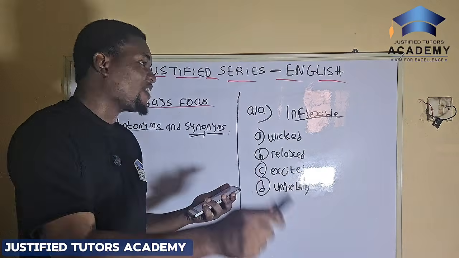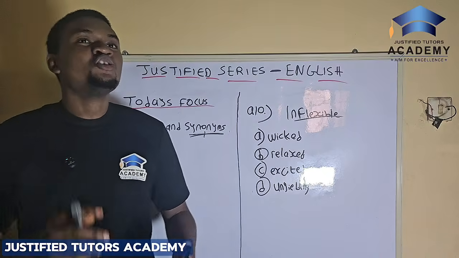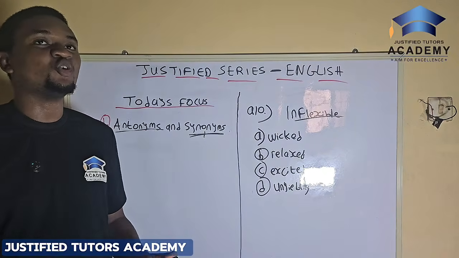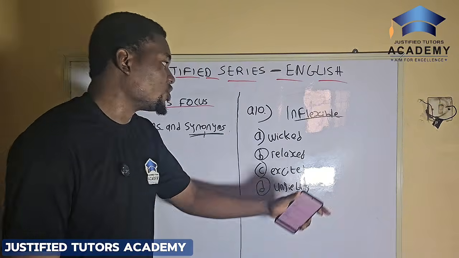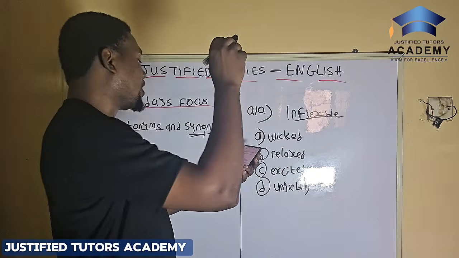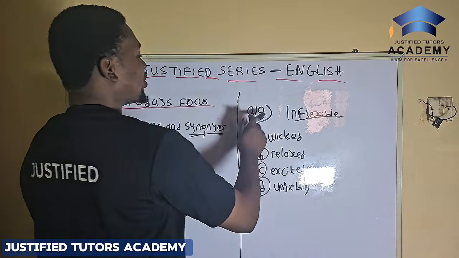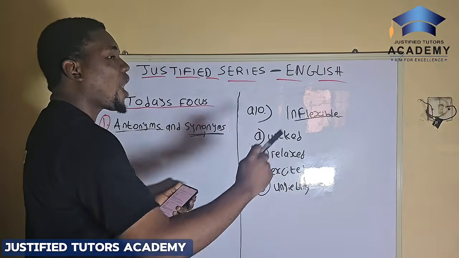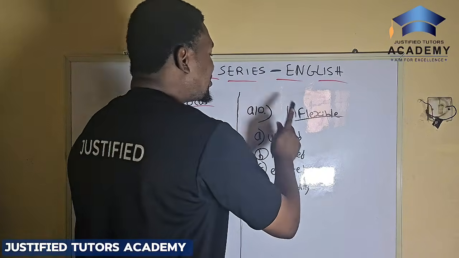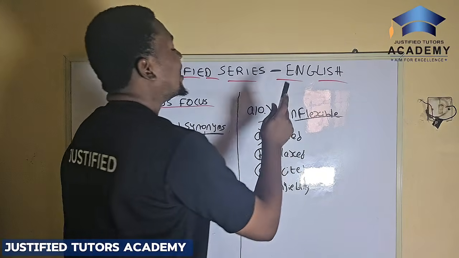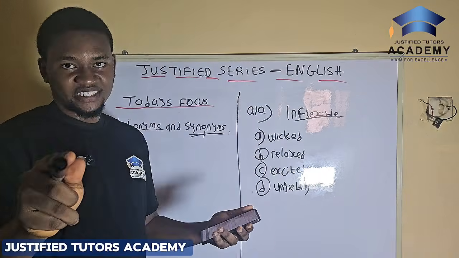Now, what does inflexible mean according to the sentence? It means somebody that is not willing to change his word, his decision. So now, according to the question, let's put the meaning there. Sir Justified is not willing to change his mind once it is made up.